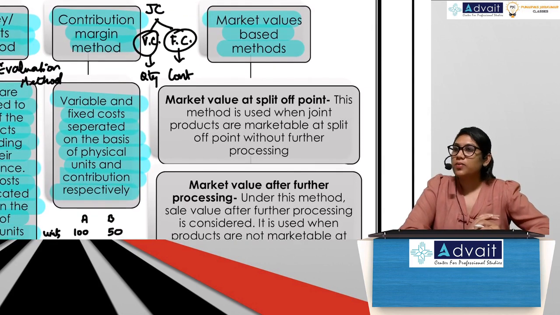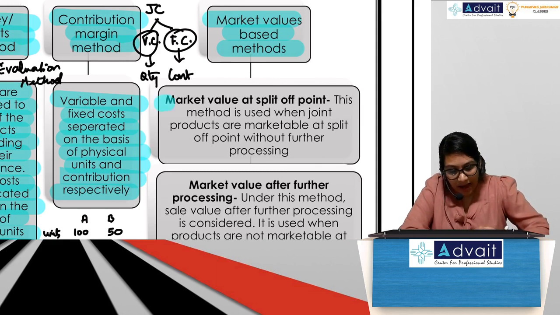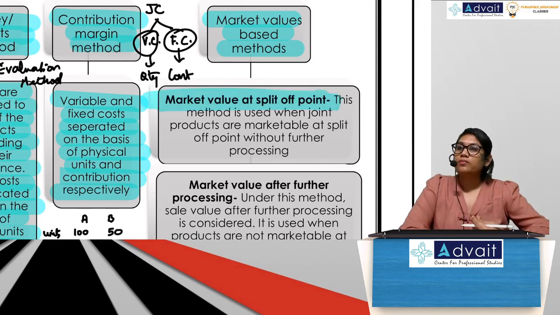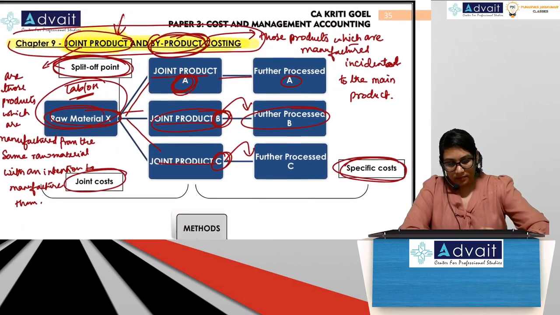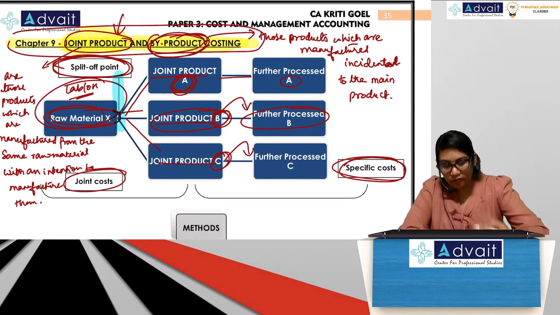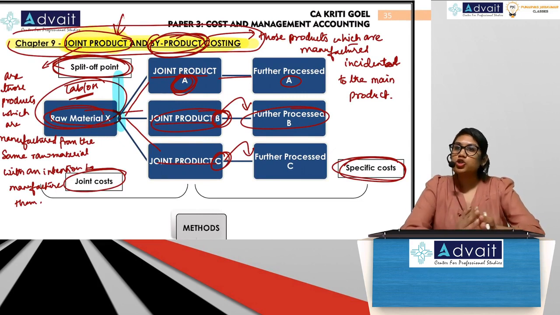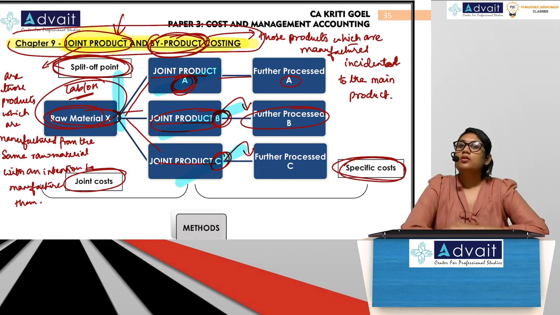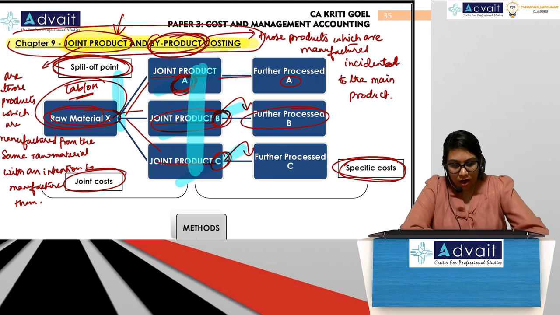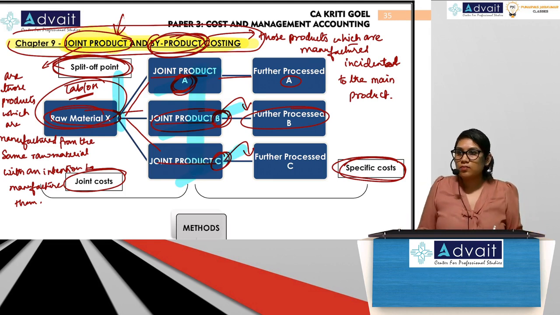Market value based method. Correct? So the first method is market value at split off point. Guys, see here. This was my split off point where my joint products were formed. A, B and C. So joint product A, joint product B, joint product C. Now these three products can be sold here also.